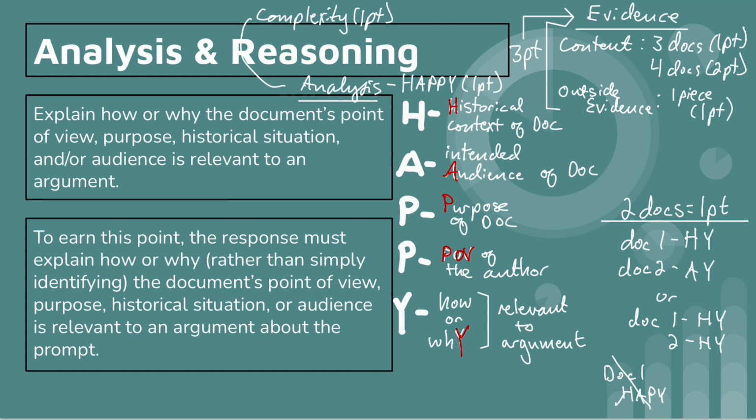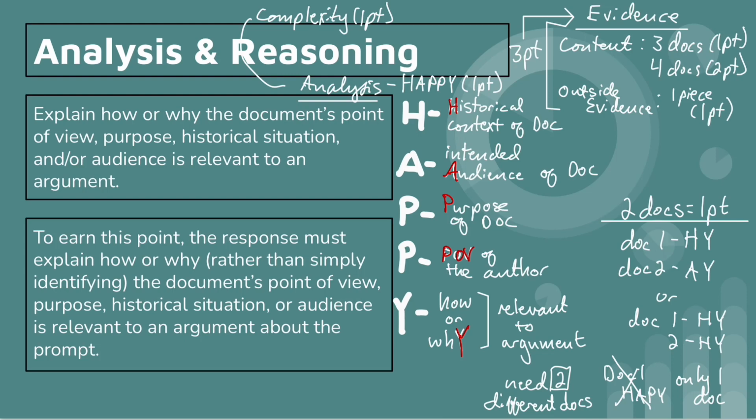Does that count as 3 documents for 1 point? No, because the rubric specifically says you have to use at least 2 documents. So don't just think, oh, I'm going to do H and A and P and Y for just document 1, get that over with, and then boom. Because according to the rubric, you've only done 1 out of at least 2 documents.